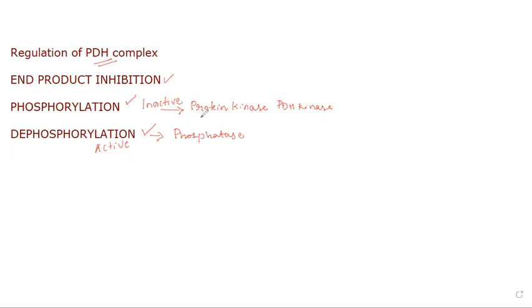So this protein kinase, that is PDH kinase, causes the phosphorylation of PDH. It causes the inactivation of PDH.